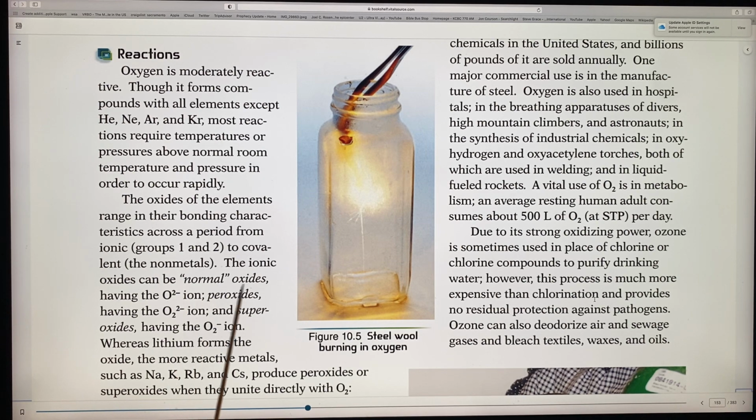So these are called normal oxides, peroxides, and superoxides. Those are kind of important to know too.